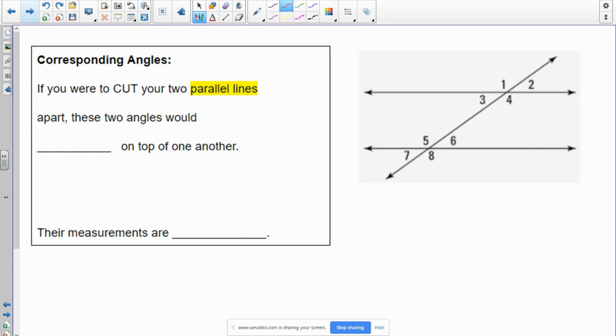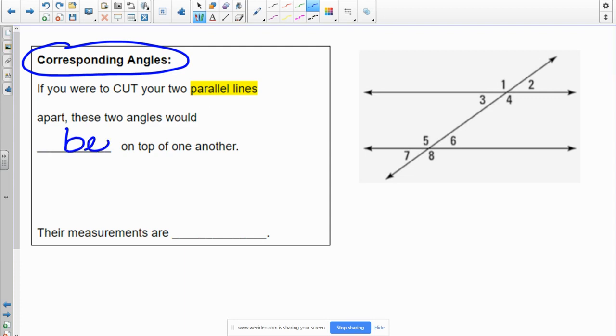Our next vocabulary word is corresponding angles. I highlighted them. In your book, you need to cross out the word transversal and write parallel lines in there. So corresponding angles: if you were to cut your two parallel lines apart, these angles would be on top of each other.